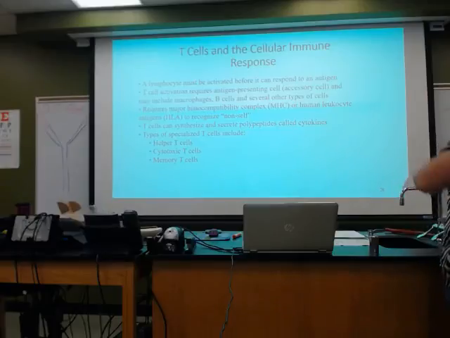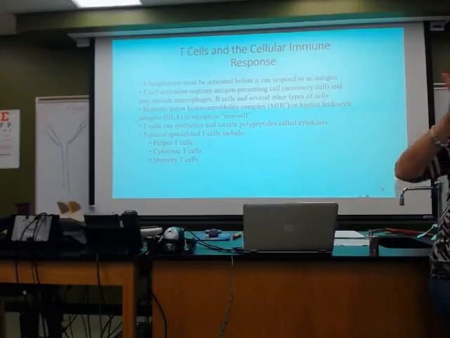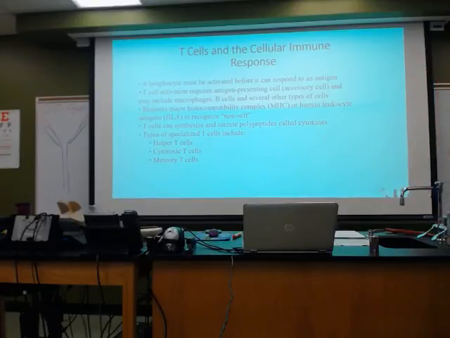So let's say T cell 1 gets activated, okay? And it incorporates the help of 9 other T cells. We now have 10 T cells that got activated. And of those 10 T cells, they're all trying to fight the one pathogen, okay? So, all 10 of them are now going to begin making copies.